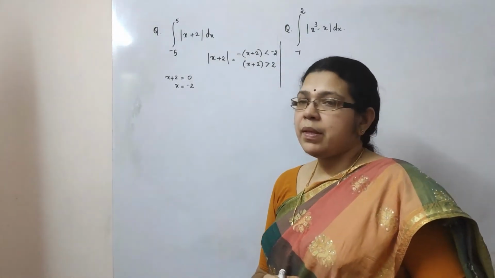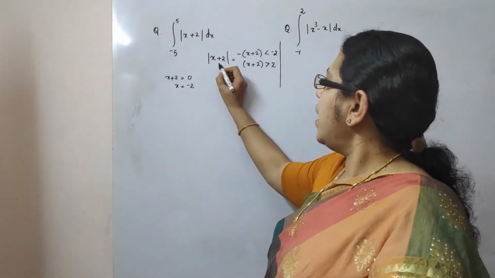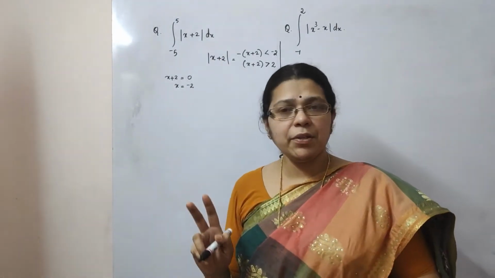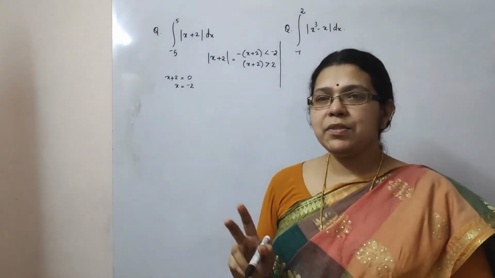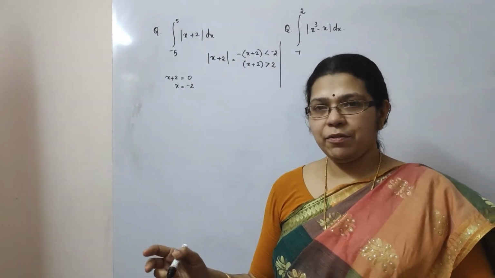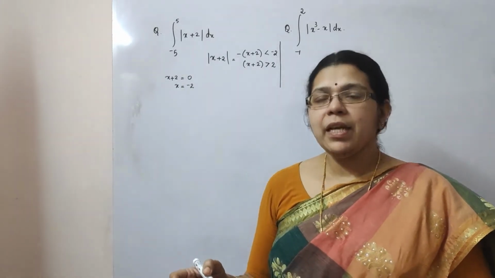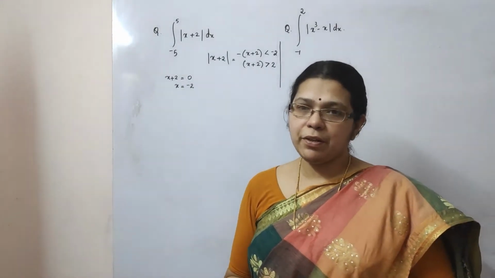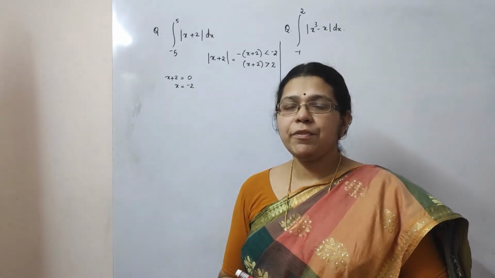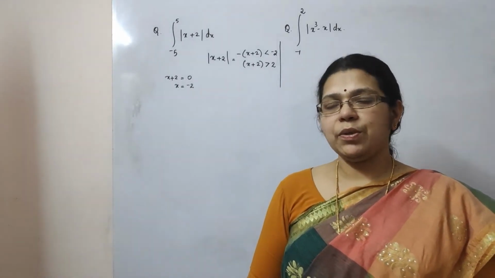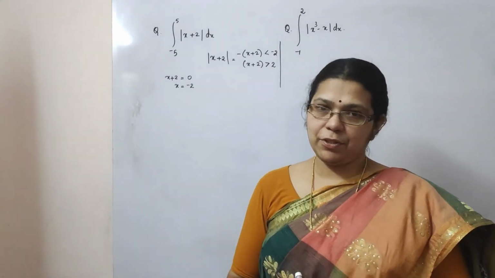Am I clear? The modulus function has two values: negative values for some particular values of x and positive values for other values of x. Now how to find the turning point of the graph? I equate the function x plus 2 equal to 0. Now this is happening for a linear function.